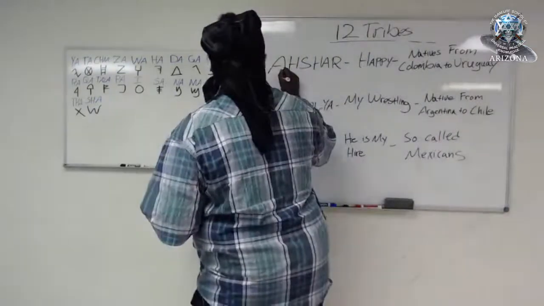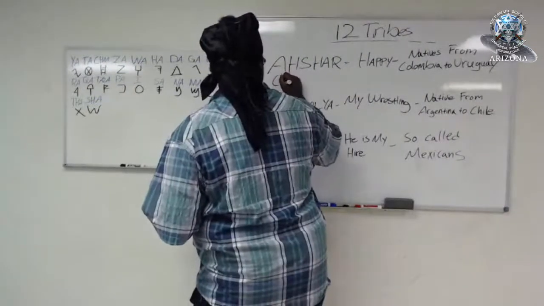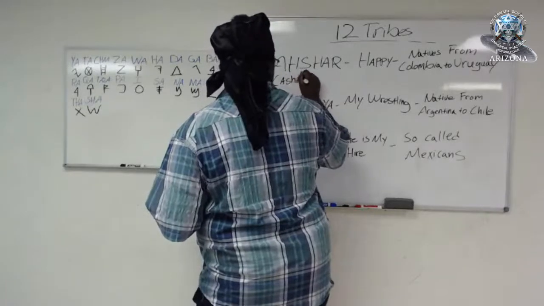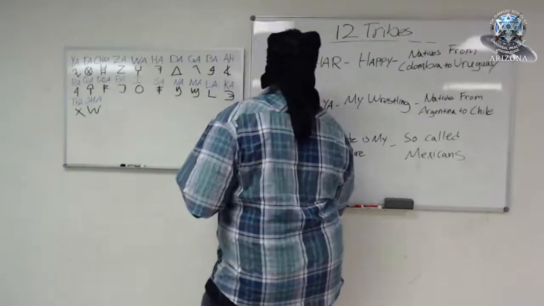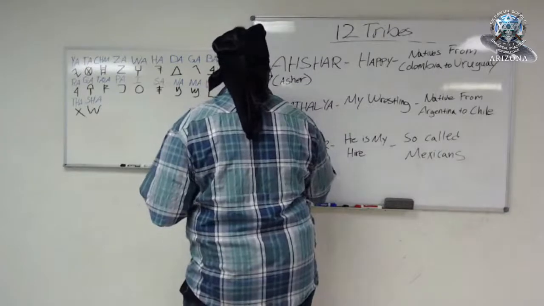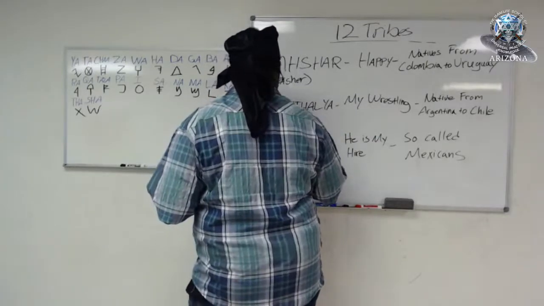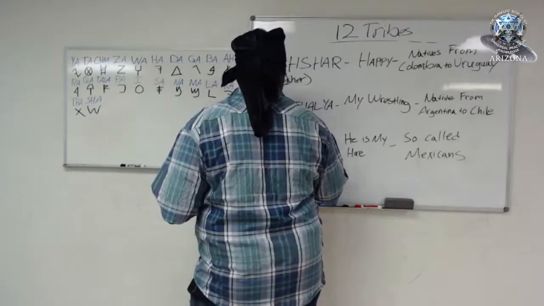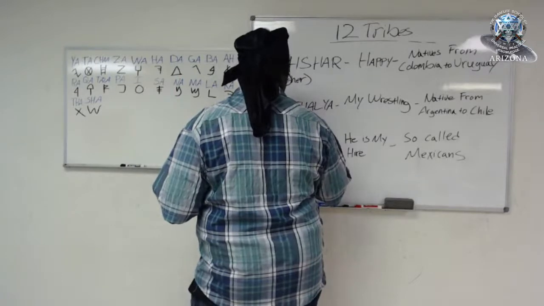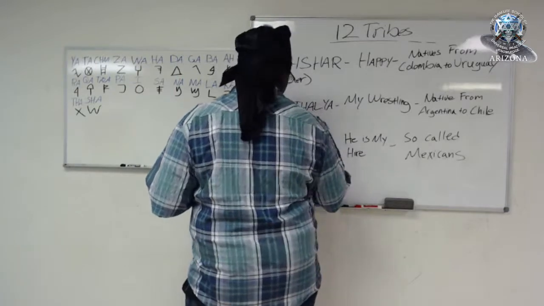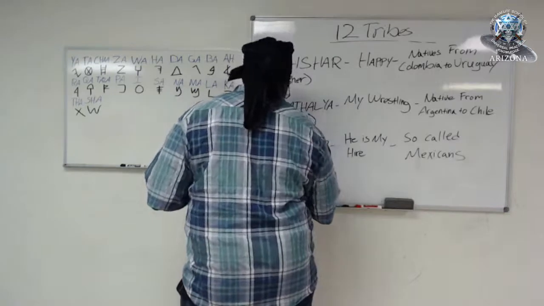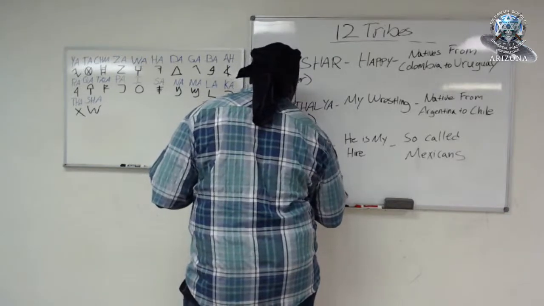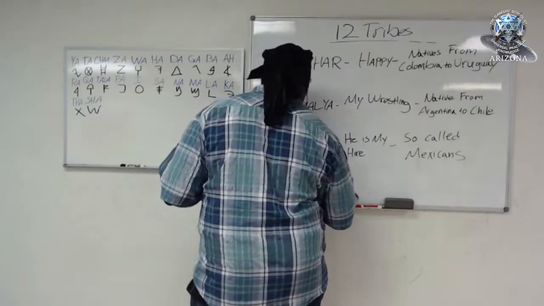All right. So Bashar in English is Asher. Natalia is Naftali. Then Yashikar, in English, is Issachar.